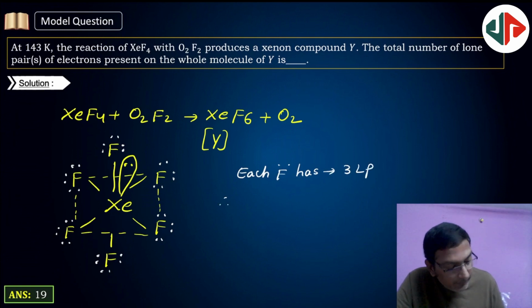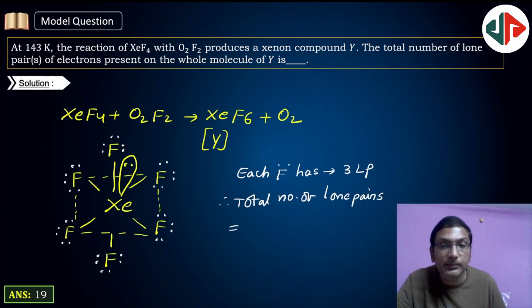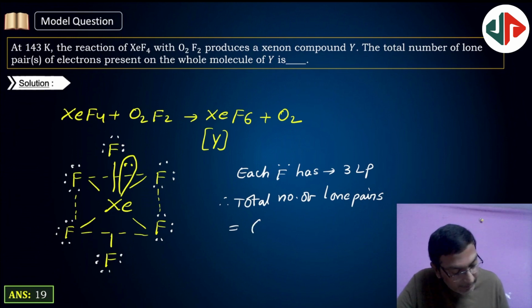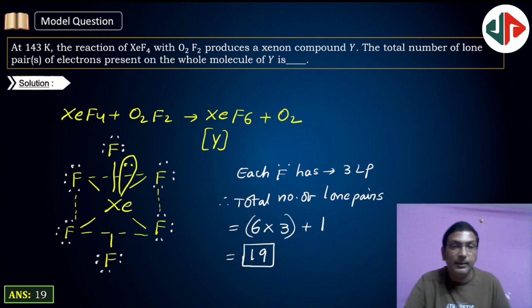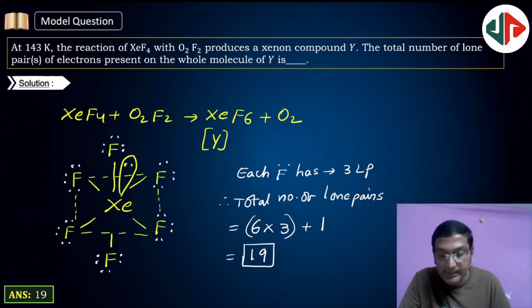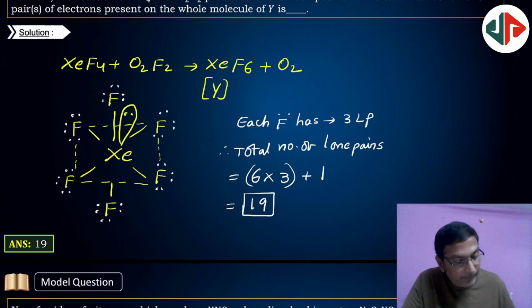So therefore, total number of lone pairs: total number of fluorine is 6, 6 into 3, plus 1 lone pair on xenon. Therefore, 19 lone pairs total. 19 lone pairs. Next.